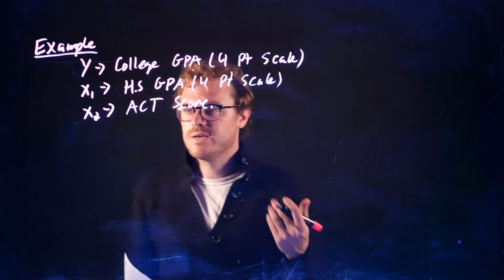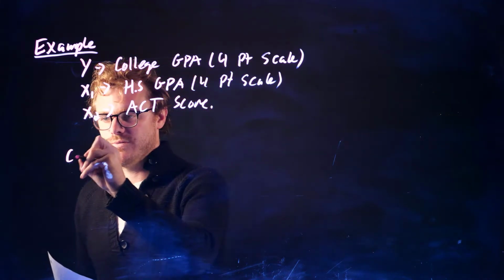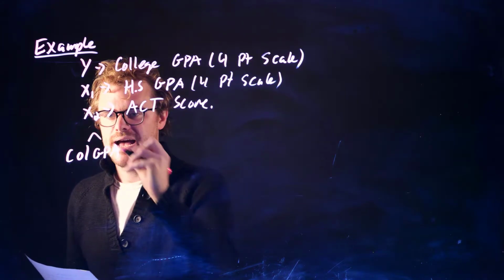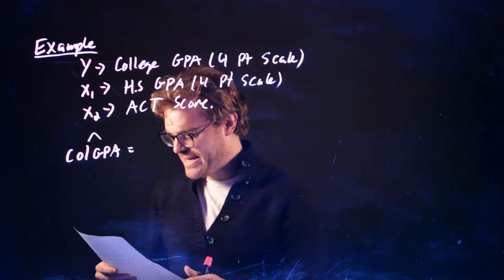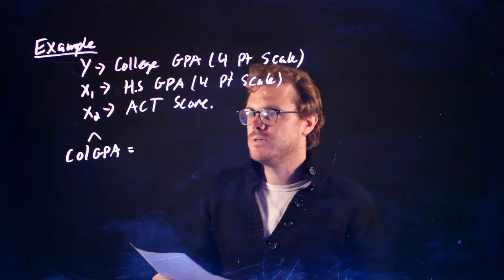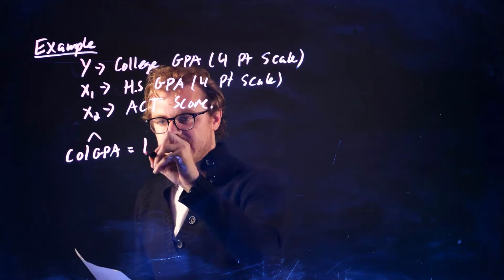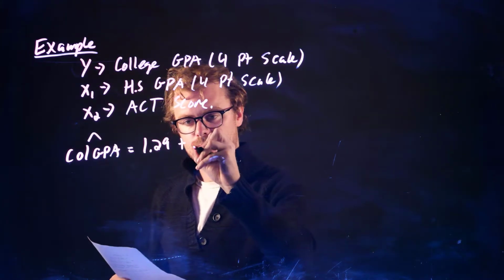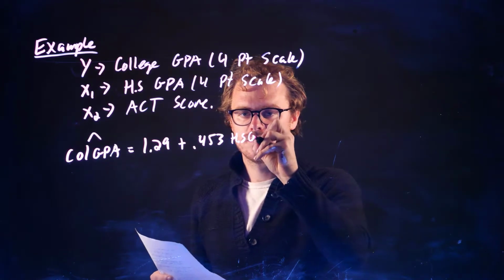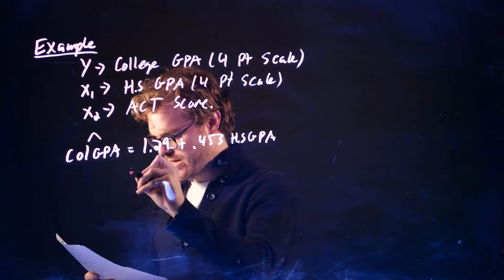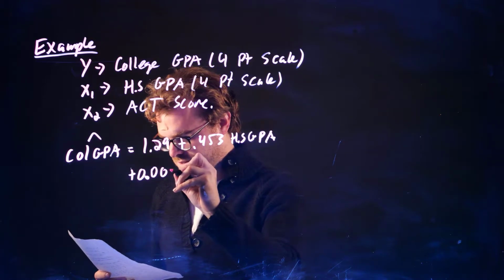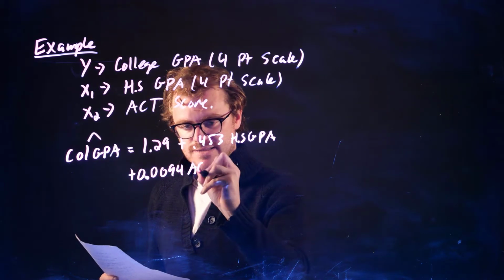The first thing we should do is write out our regression. We have this data, we load it into Stata, we run this regression with these two independent variables, and we get these results, plus 0.0094 ACT.